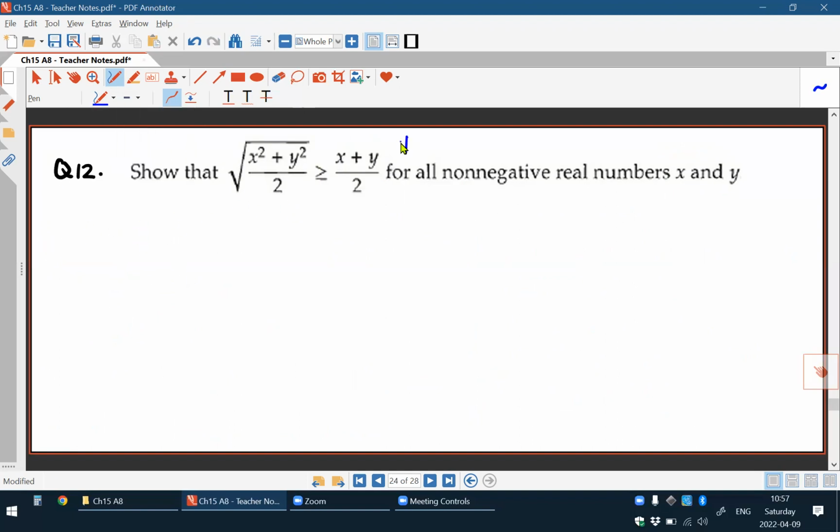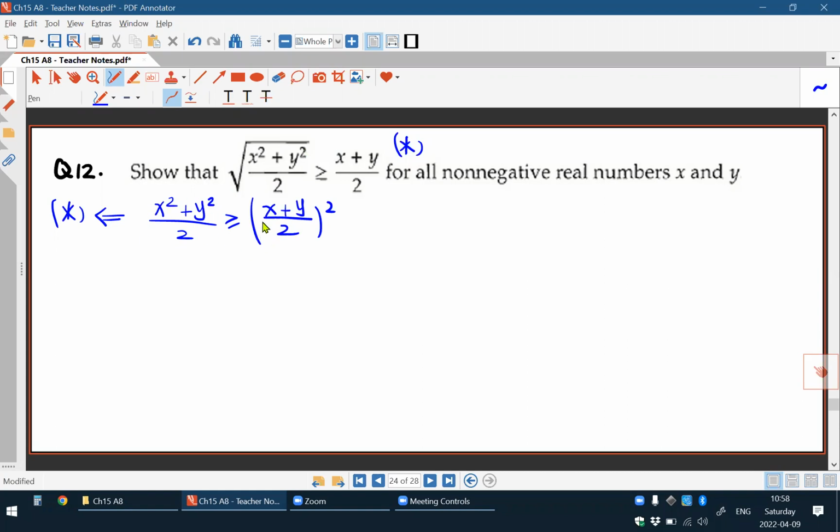So in order to prove this one is true, we need to prove that x squared plus y squared over 2 greater than or equal to x plus y over 2 squared, right? Because both sides is a positive number.